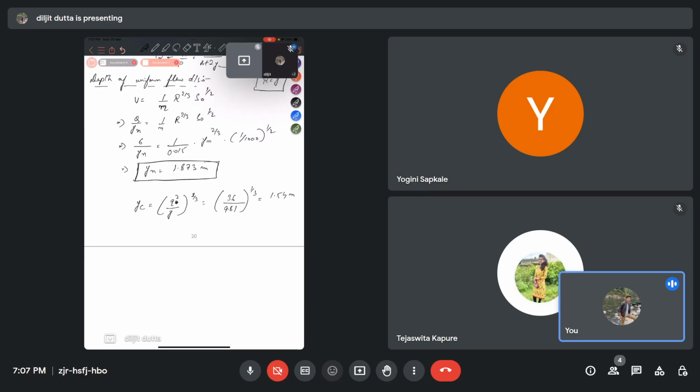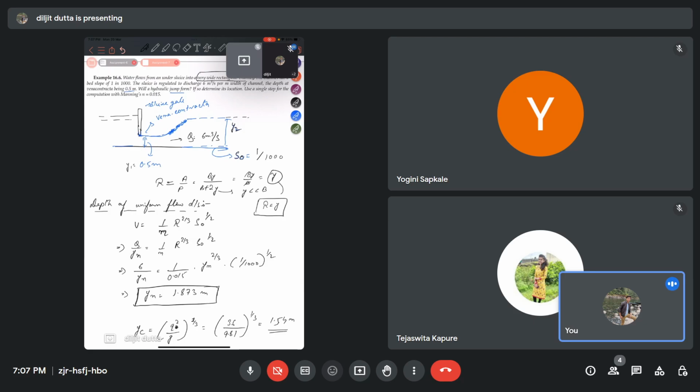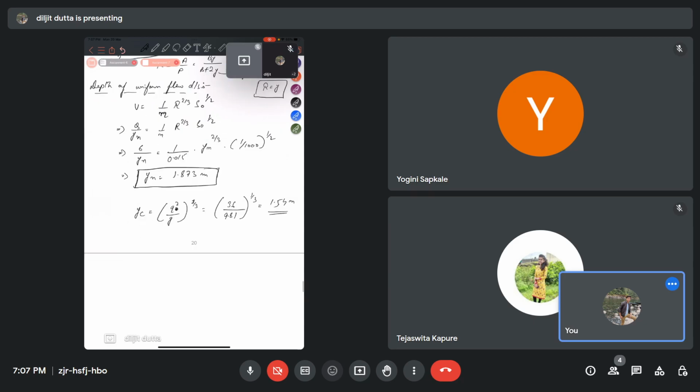Now yc is 1.54, and we have seen that y1 is 0.5, so y1 is less than yc, and yn is greater than yc.